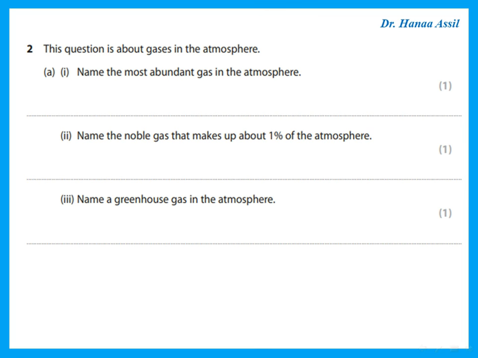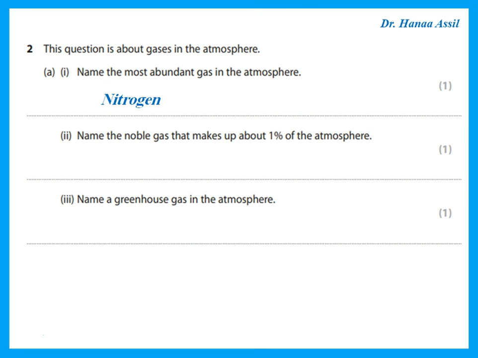The next question is about gases in the atmosphere. Name the most abundant gas in the atmosphere. Remember that the word most abundant means the one that is present in higher percent. So you should know that the atmosphere is mostly nitrogen. It is about 78% nitrogen. Name the noble gas that makes up about 1% of the atmosphere.